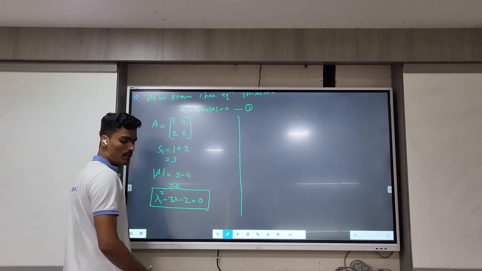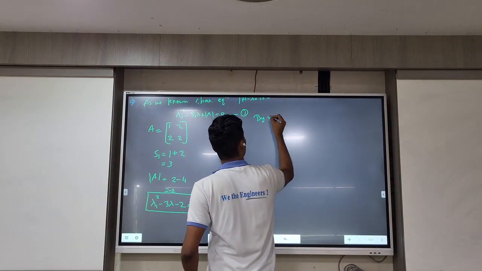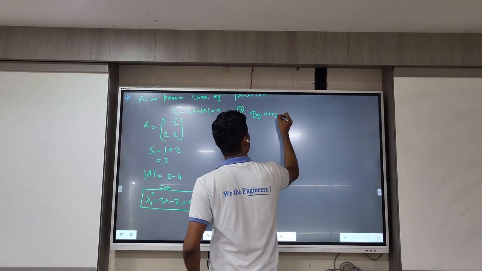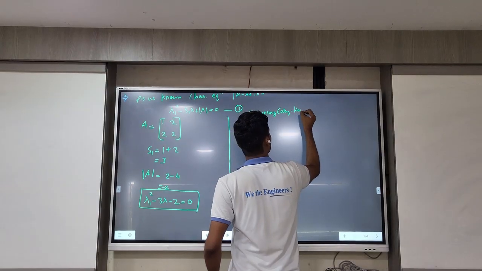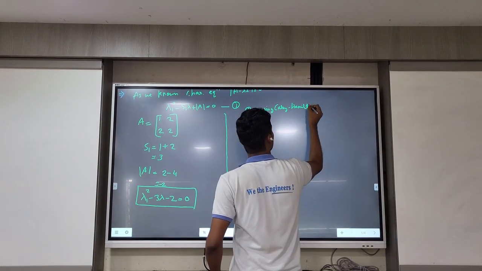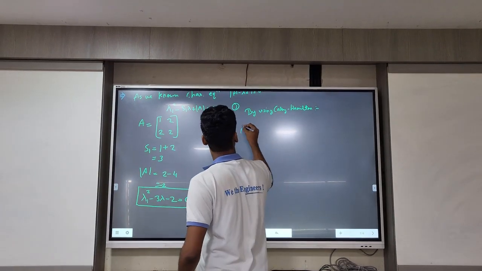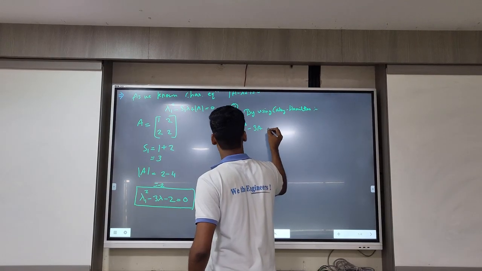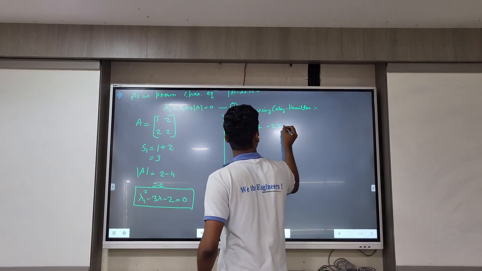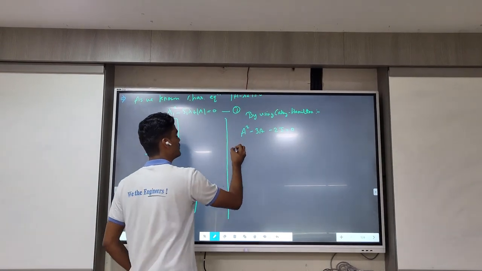Now we will apply Cayley-Hamilton to this. So this becomes, now we'll put the values of the A matrix.